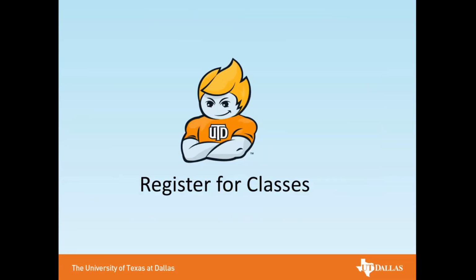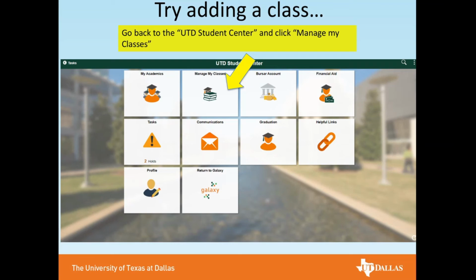Now let's register for a class. We're going to go back to the UTD Student Center and click on Manage My Classes. And if you cannot go through this walkthrough, just pay close attention to this presentation, and whenever your enrollment appointment arrives and you can start building your shopping cart, even before that, feel free to review this video and then continue on.